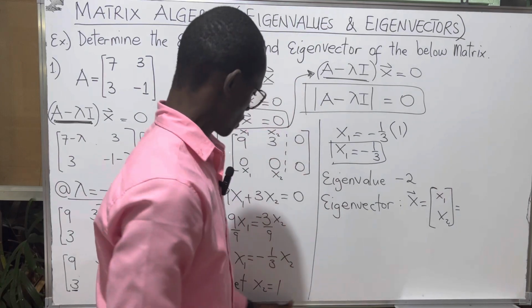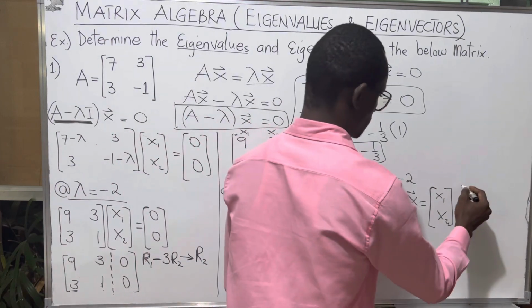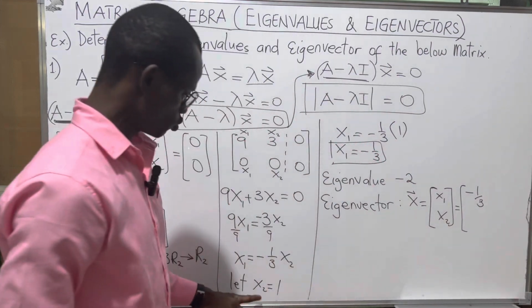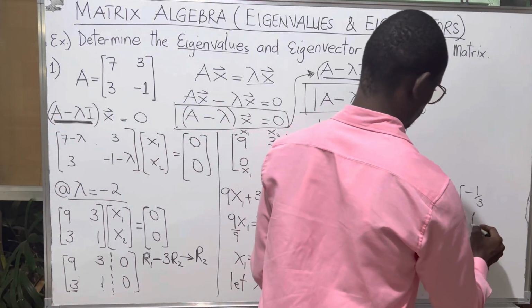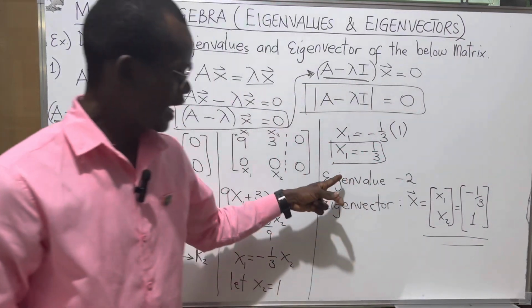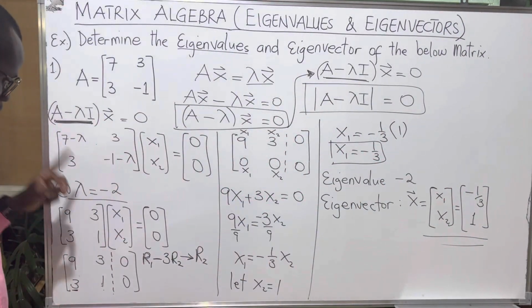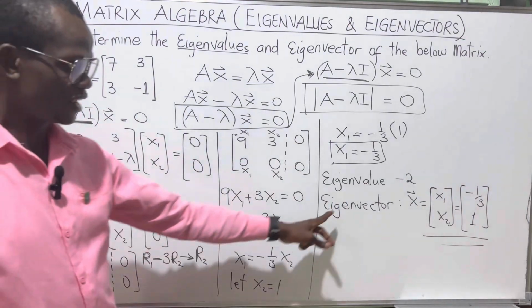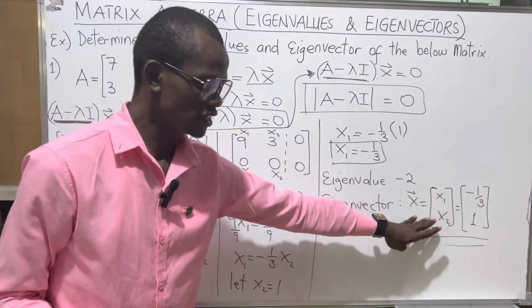So what is x1? x1 is minus 1 over 3 and x2 is 1. So we have just found the eigenvalue, and from this eigenvalue, we determine the eigenvector for this.